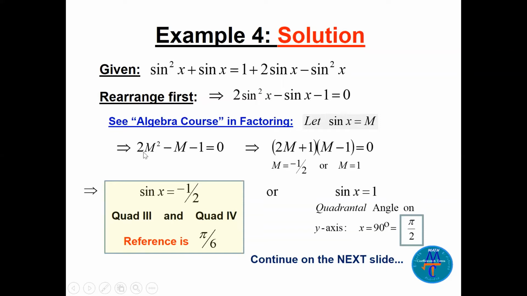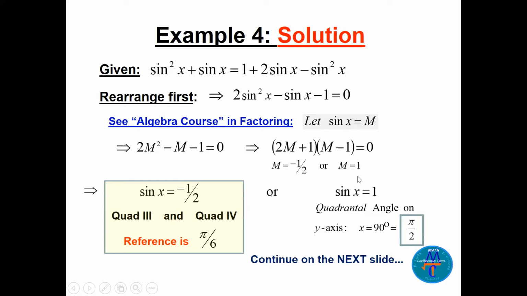Now we have 2m squared minus m minus 1. To factor this, you get (2m plus 1)(m minus 1). Make sure the factoring is correct. So m will be minus half, or m will be 1. Now we know m is sine of x, so I write here sine of x is equal to minus half, or sine of x is equal to 1.